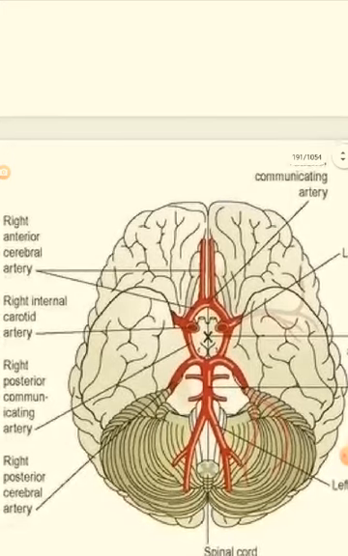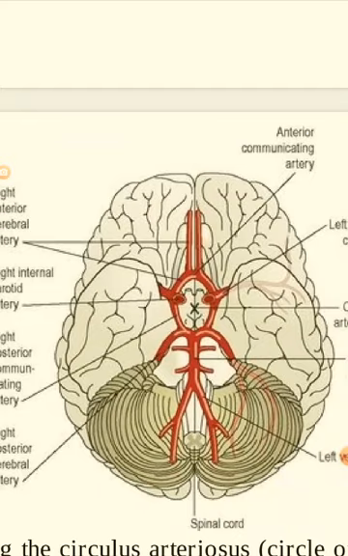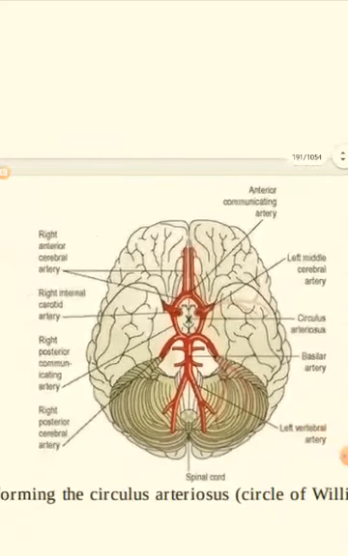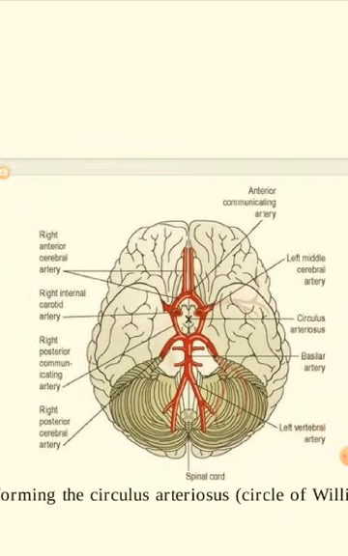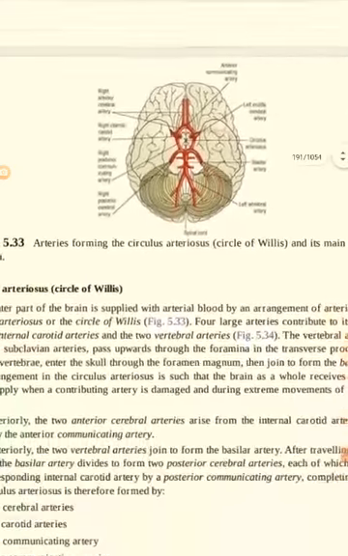These anterior cerebral arteries are branches of the internal carotid arteries. So the two internal carotids give branches called the anterior cerebral arteries, and the left and right vertebral arteries join together to form the basilar artery. And these actually form the circle of Willis.